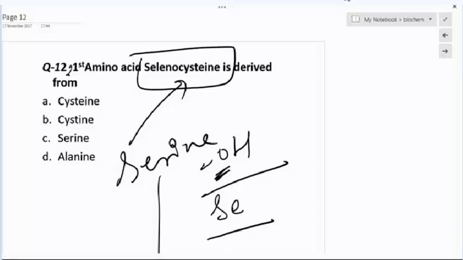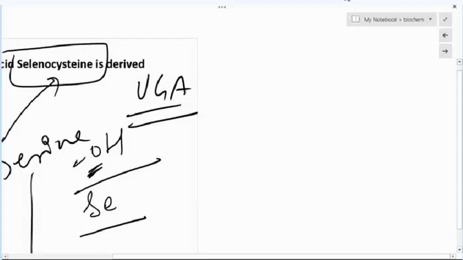So serine is modified to give you selenocysteine, and this modification takes place before the serine is incorporated in the polypeptide. On the way itself the serine is converted to selenocysteine, and it's a UGA codon on mRNA which directs the selenocysteine incorporation in the elongating polypeptide.